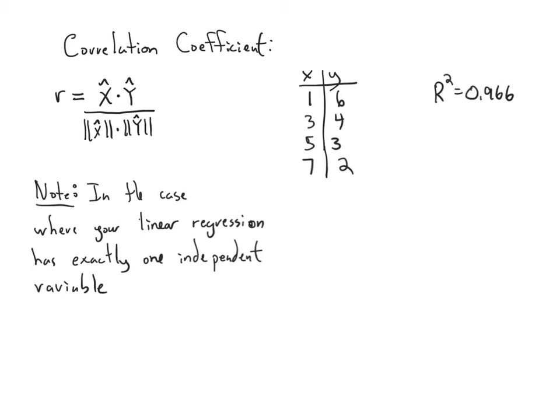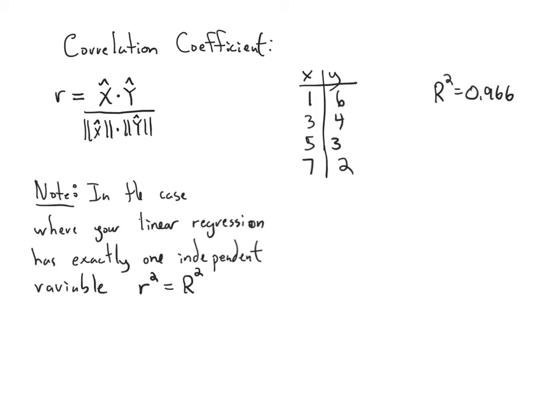Note that it is possible to do linear regression when you have more than one independent variable, more than one input. But for our purposes right now, we're just dealing with cases with one input, so that's okay. When you have exactly one independent variable, this correlation coefficient r, if you square it, you get r squared. And that's kind of why these things are named the way they are.